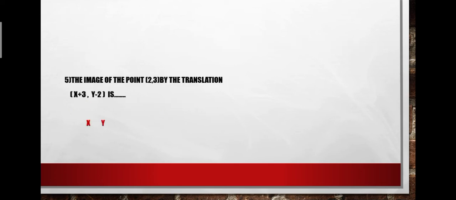Number 5, the image of the point (2, 3) by translation x plus 3 and y minus 2. This time he didn't ask me about the magnitude, but he gives me the changing in x-axis and y-axis alone.